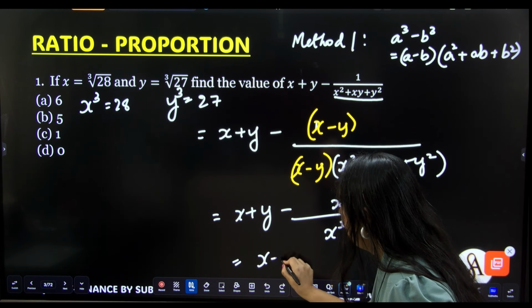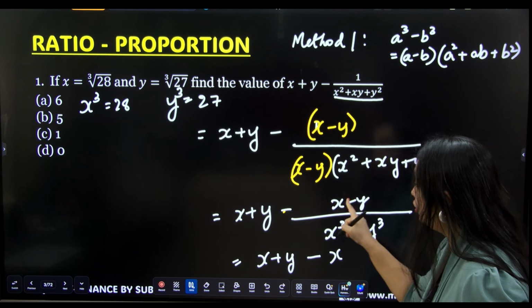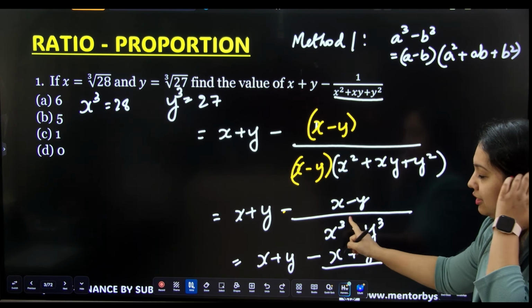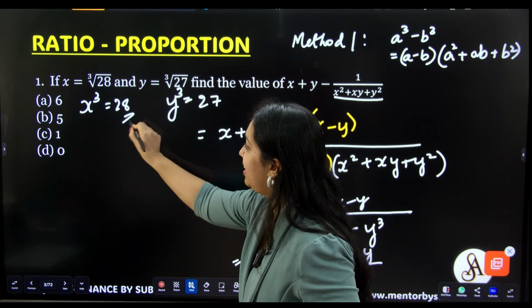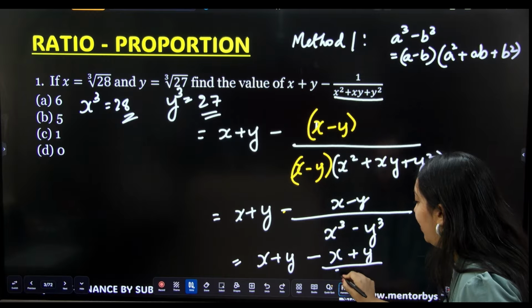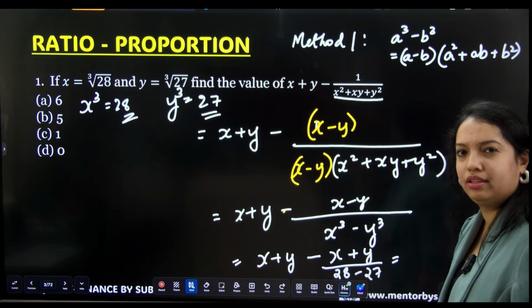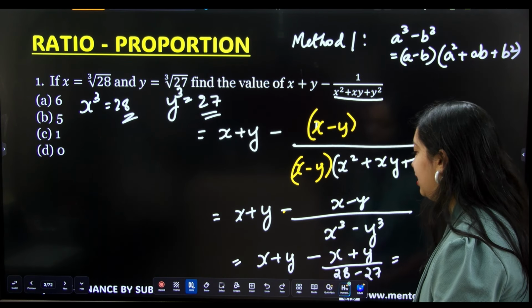See, x plus y minus x minus y divided by x cube minus y cube will become 28 minus 27. 28 minus 27 is going to be 1 in the denominator. It does not make any difference now. Divide something by 1 or leave it as it is.